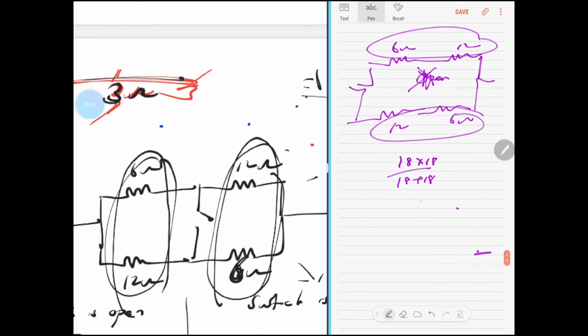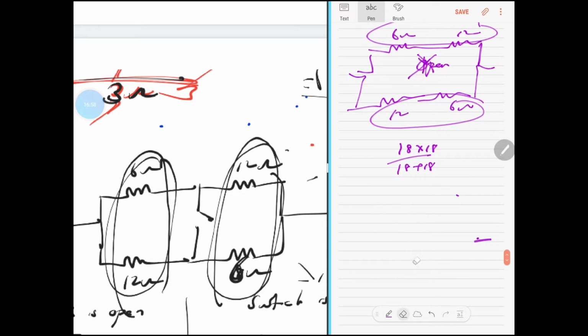When the switch is closed, which means definitely a current can go through the middle, the current is definitely going to get split. So in that case, this is 6 ohms and this 12 ohms, these two to be treated as parallel.